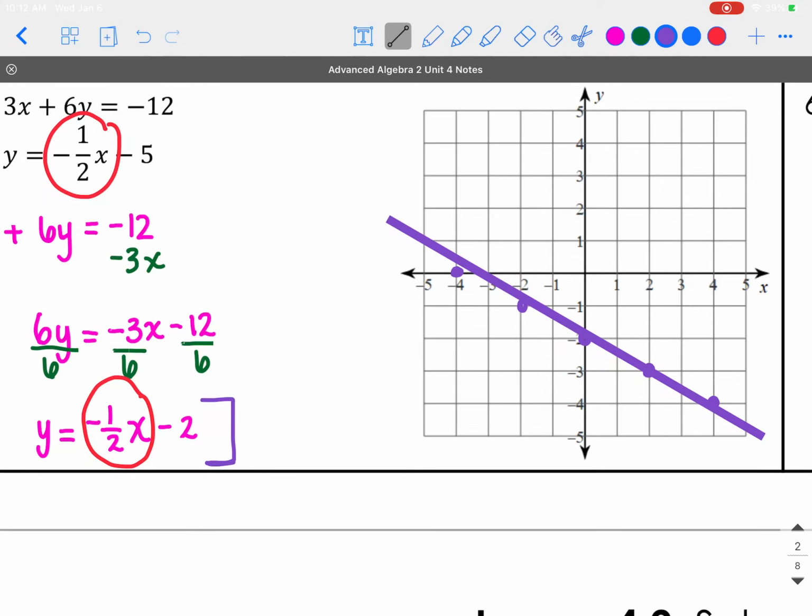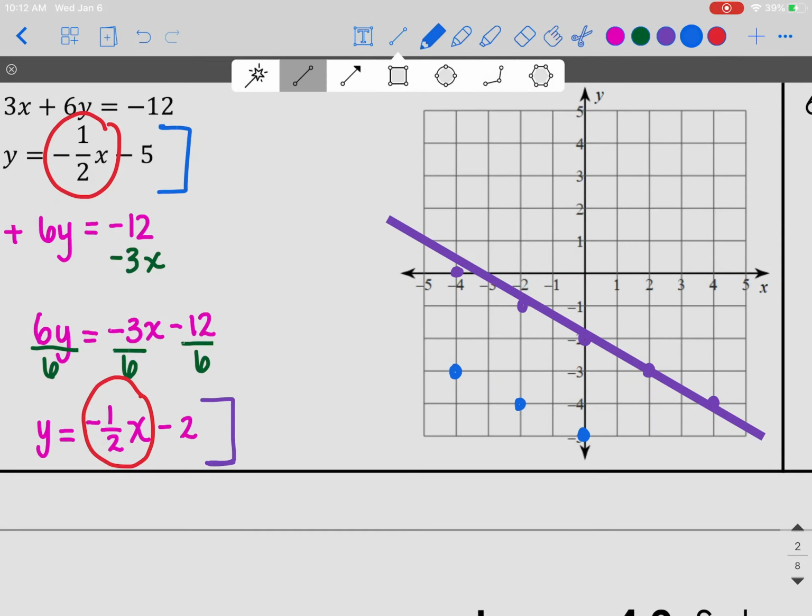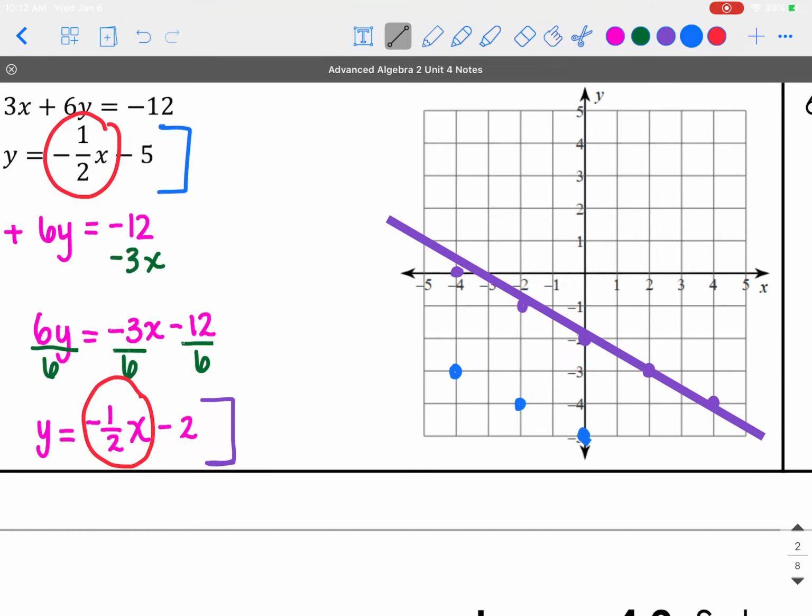And then our next one, this one, -5, and it had a slope of -1/2. So I can't go down, so I'm going to go up and left, up and left. And I see that these lines never cross.